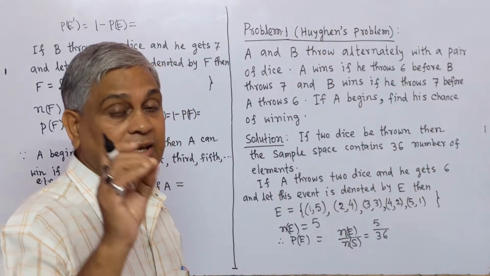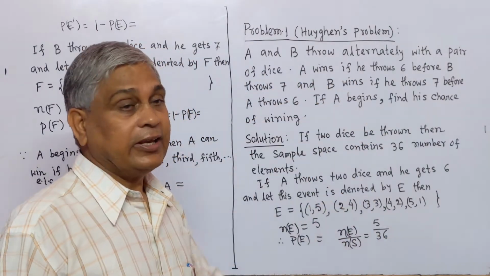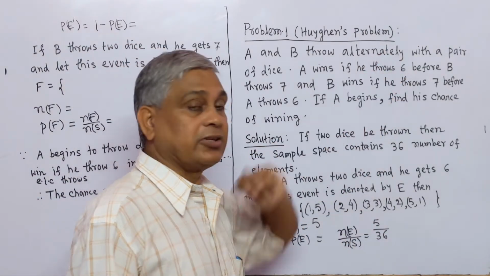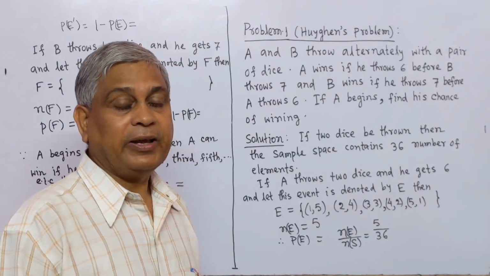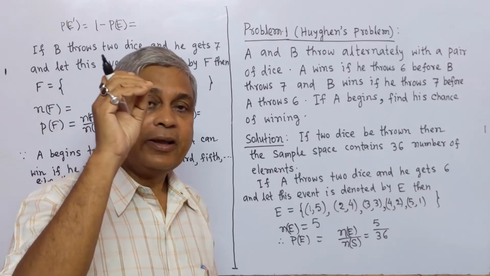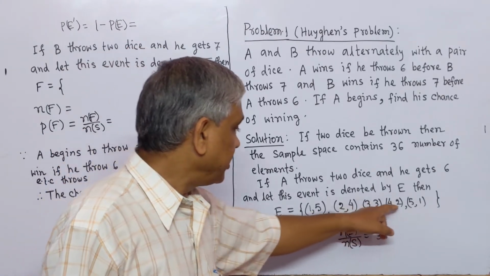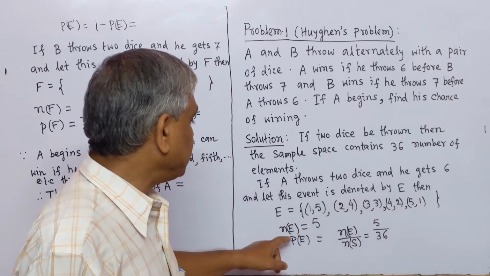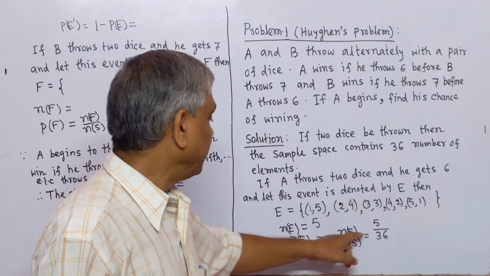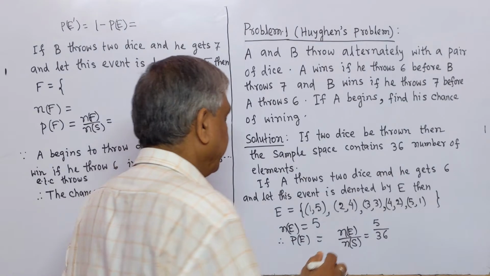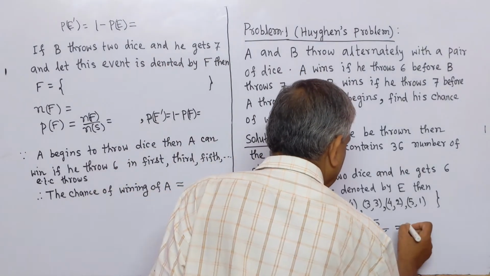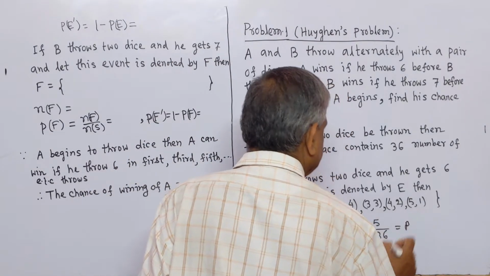This means A wins if he throws 6. If in the first chance A gets this event, then the probability of this event will be 5 by 36. Let it be denoted by a small p.